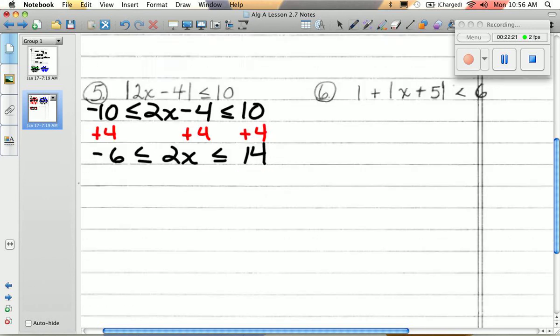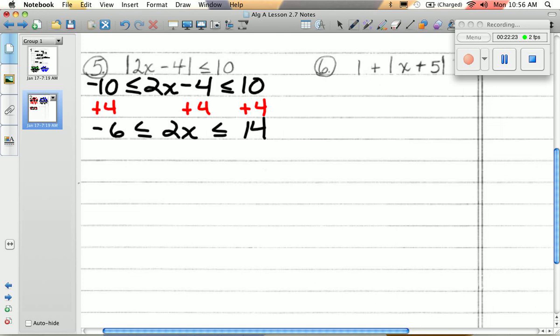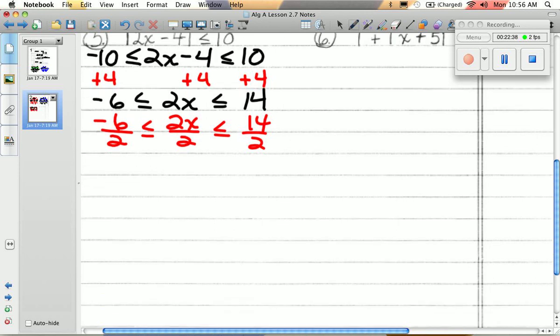Okay, and now our next move is divide by 2. Divide every region by 2. So our solution is negative 6 divided by 2, negative 3. 2x divided by 2 will just be x.